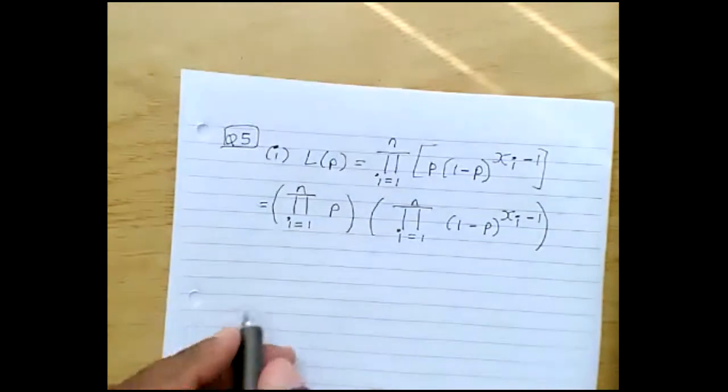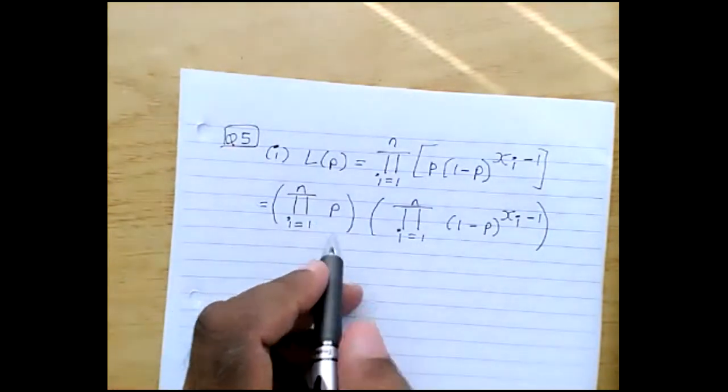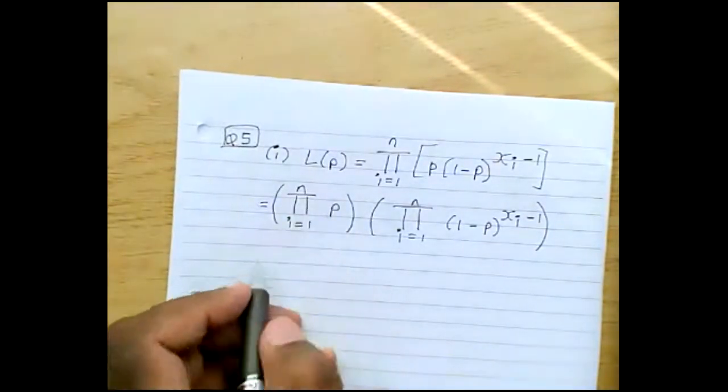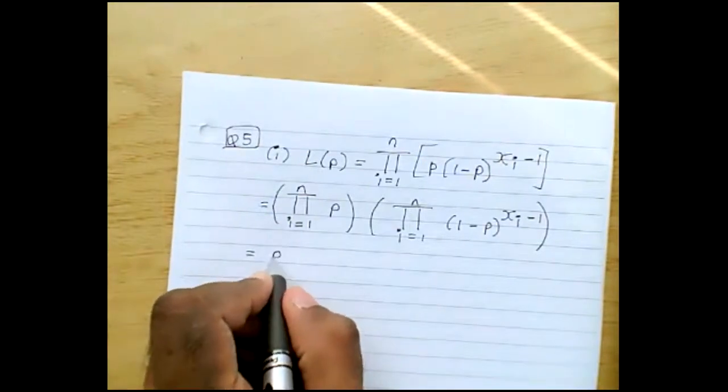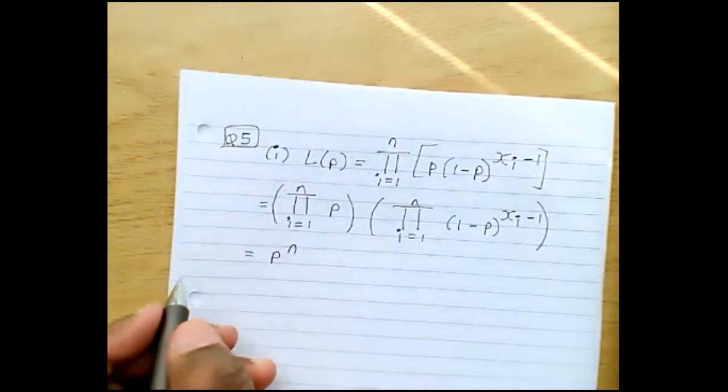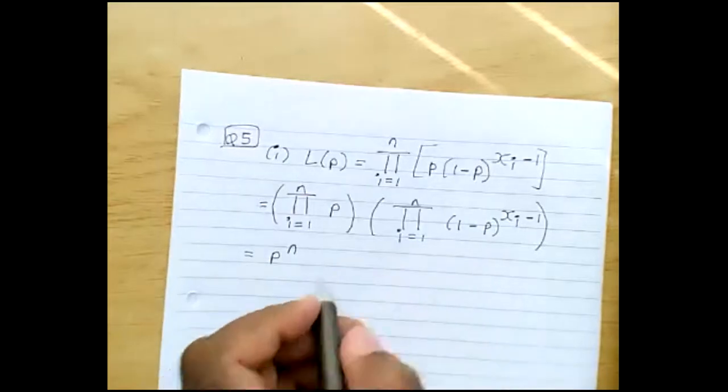Now the product of p is a constant, so if you take the product from 1 to n, it becomes this.